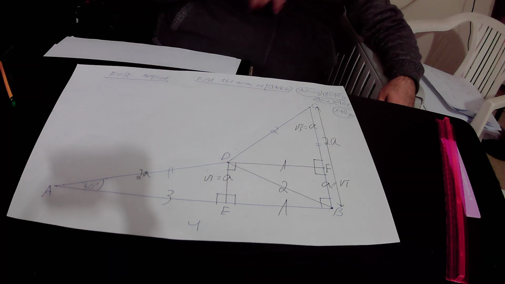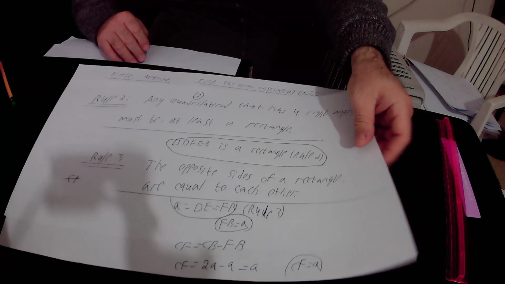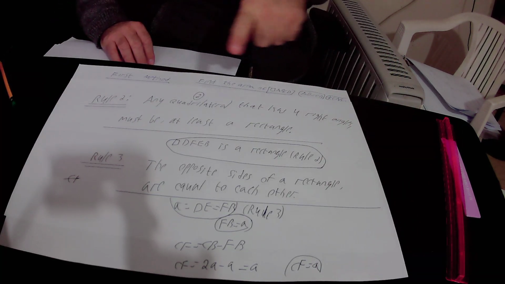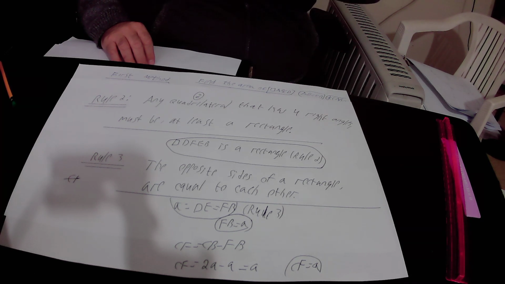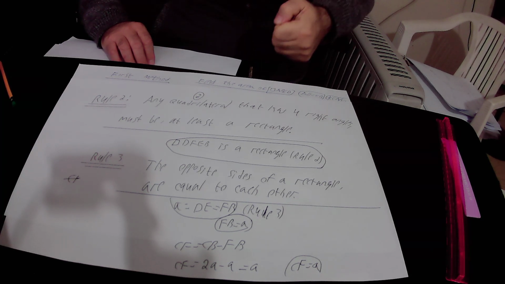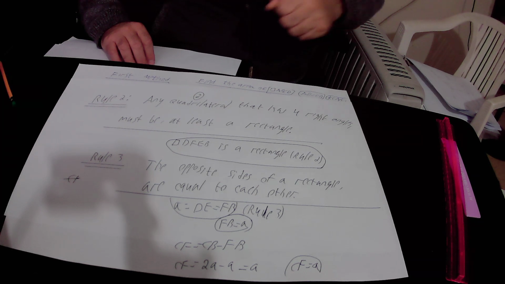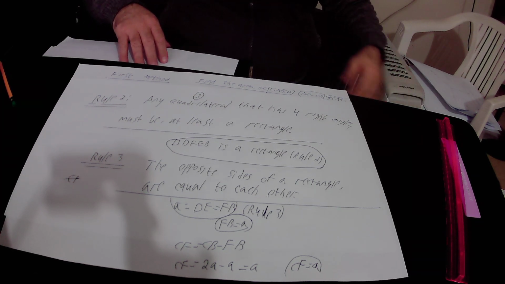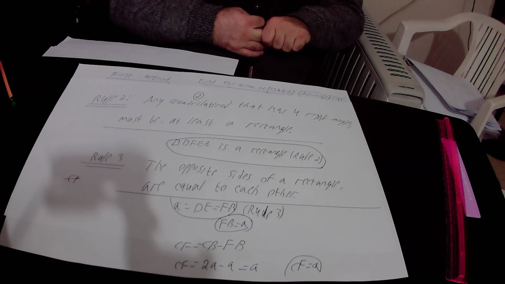And we have rule number 2. According to rule number 2, any quadrilateral that has 4 right angles must be at least a rectangle. Quadrilateral DFEB has 4 right angles. Therefore, we will relate to quadrilateral DFEB as a rectangle. This is true according to rule number 2. We also have rule number 3 that states that the opposite sides of a rectangle are equal to each other.